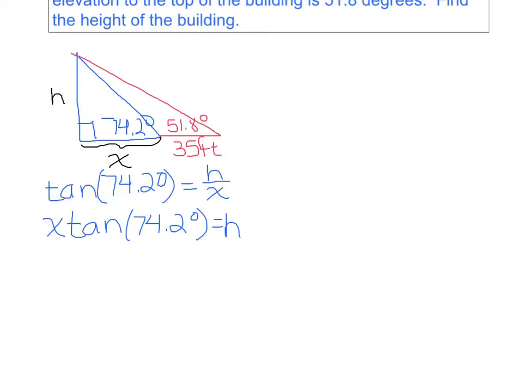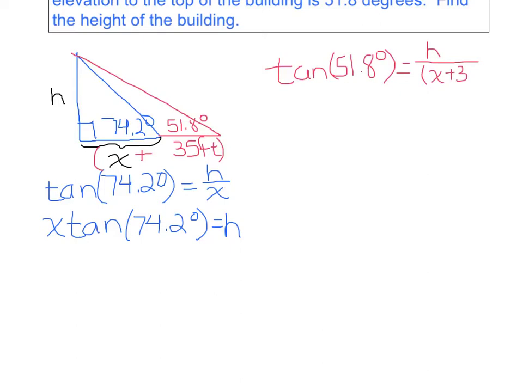Now in our red triangle, we're going to come up with the tangent of 51.8 degrees is equal to the height of the building divided by this whole side, x plus 35 feet.